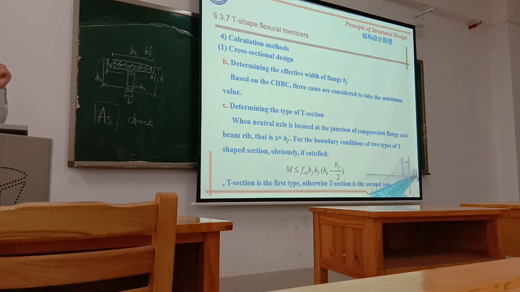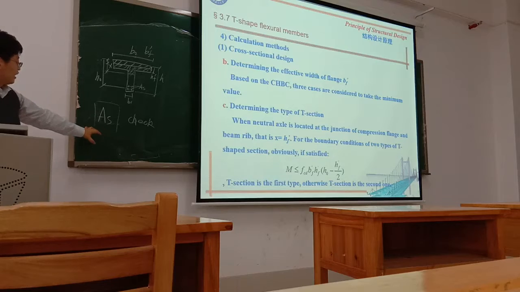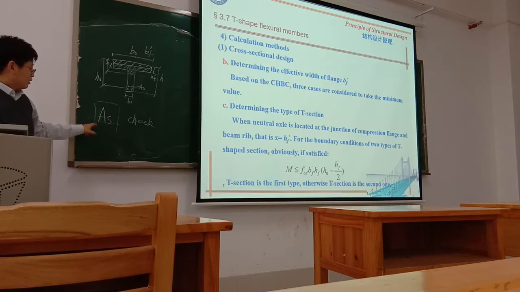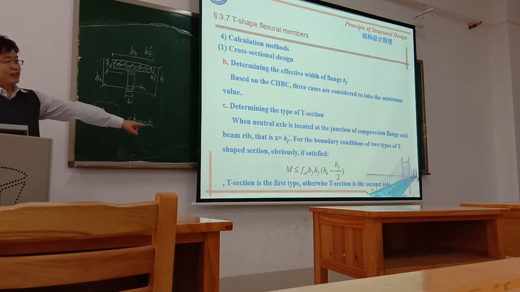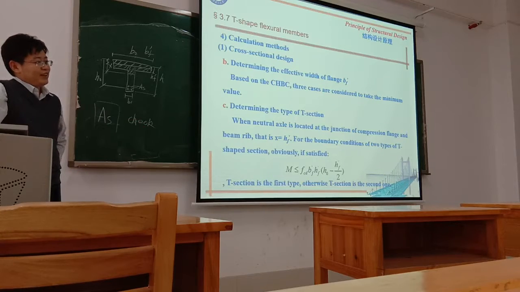Imagine which equation we use once we fix this design and decide what reinforcement is in this section, and then need to check the design. It's different from this one. We use FCD, BF, HF.